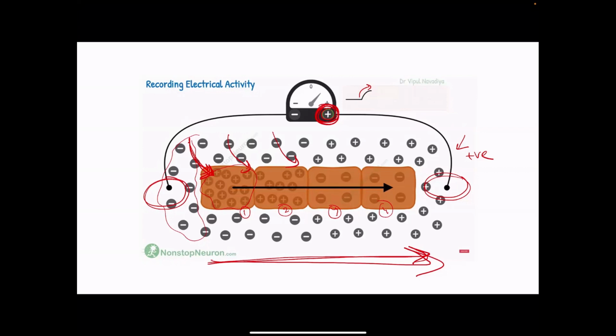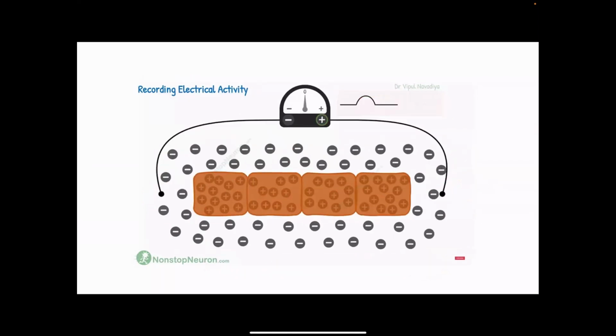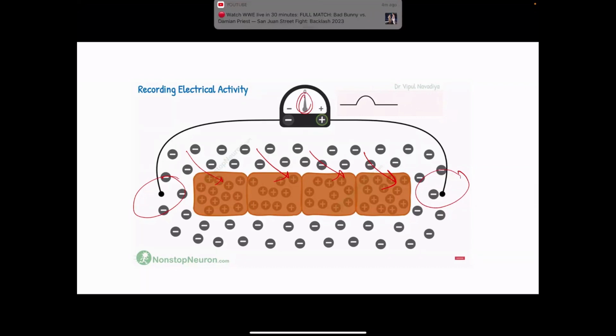And the positive electrode is over here, so it's going in the same direction as the positive electrode. So it's going to translate on the ECG paper as an upward deflection, okay? Now, all the positive ions went inside, all of them. So again, we go back to the phase where the charge here is the same as the charge here. So the meter is going to go back.